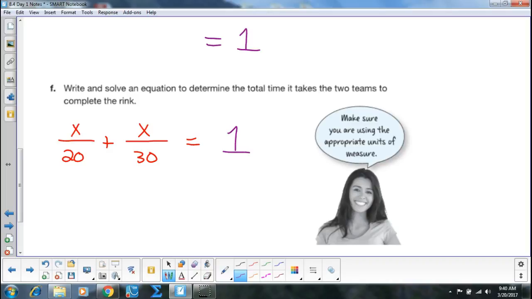I'd either have to make her 3 hours into 180 minutes, or make my 90 minutes into 1.5 hours. The units have to be the same in this kind of work problem. So, from last week, how can we solve this problem?